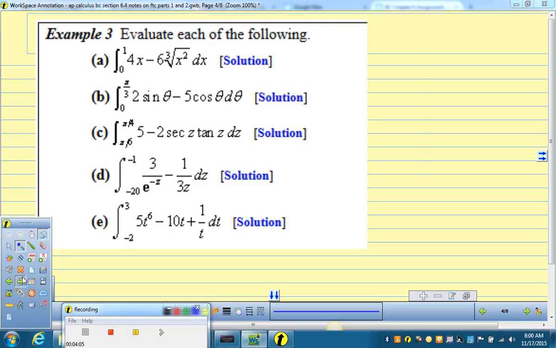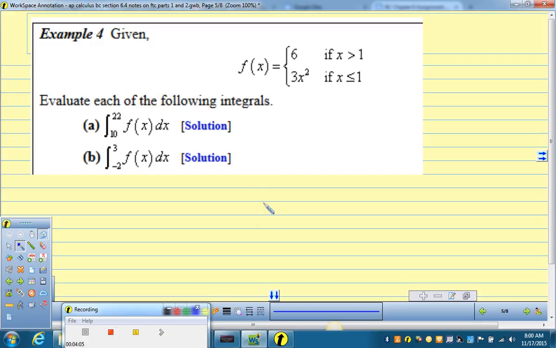Just more practice problems. What about this one? So, piecewise functions, you have to think a little differently. If I ask you to find the area under the curve of f of x from 10 to 22, what am I doing? I'm doing the area under the curve from 10 to 22 of what? Look carefully. Of 6 dx.